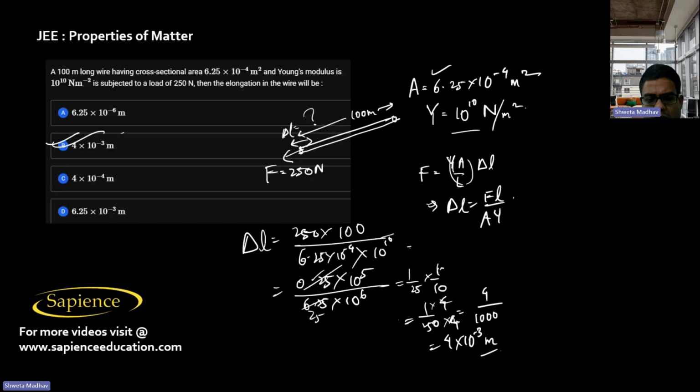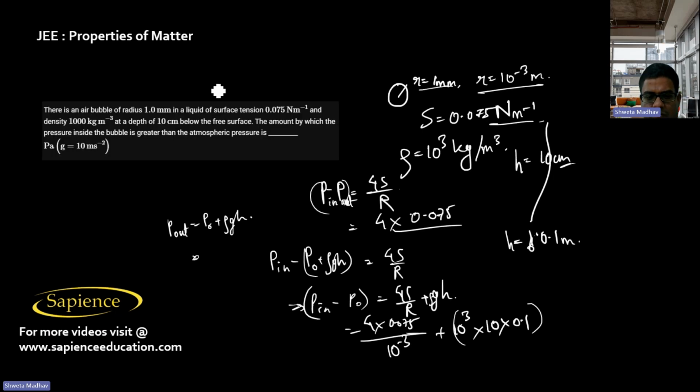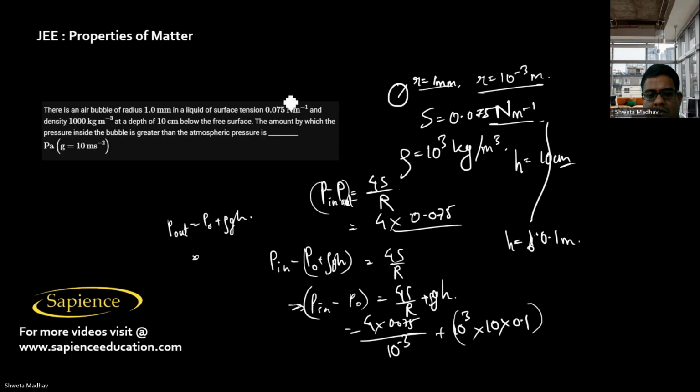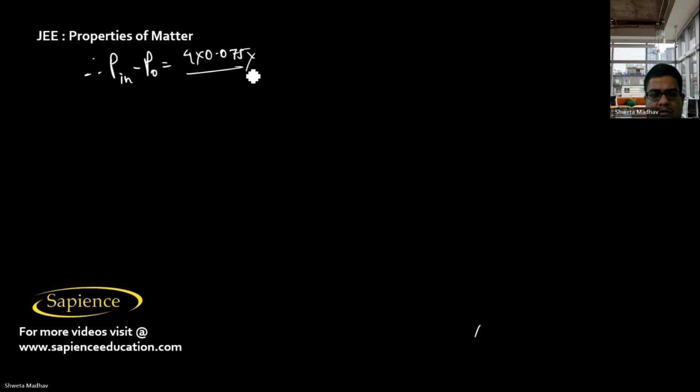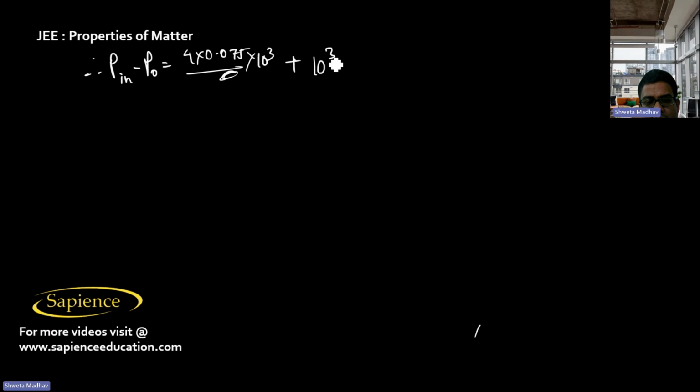Therefore, the pressure inside minus the atmospheric pressure will be equal to 4 into 0.075 divided by 10 power minus 3, which means into 10 power 3, then plus 10 power 3.